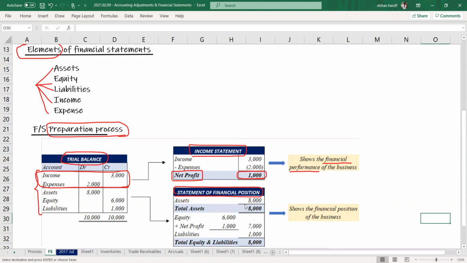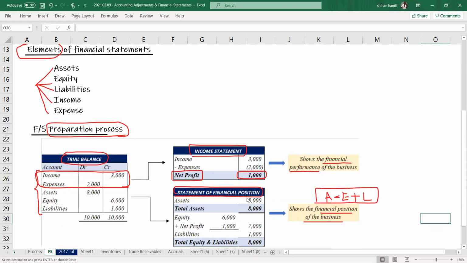Then we prepare the statement of financial position to show the financial position of the business, the liquidity position and the assets. Here we show assets equal equity plus liabilities. This is the starting point we learned under the accounting equation.